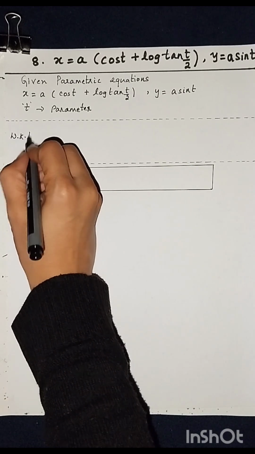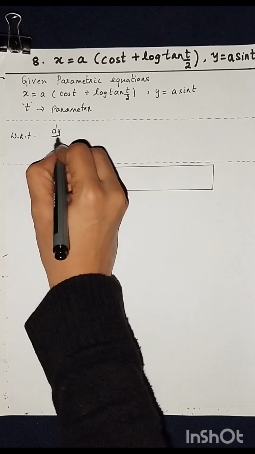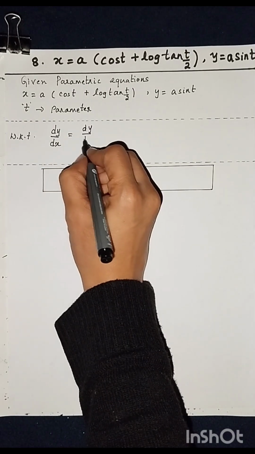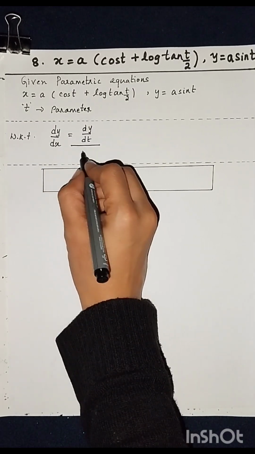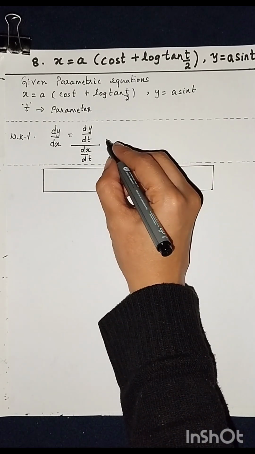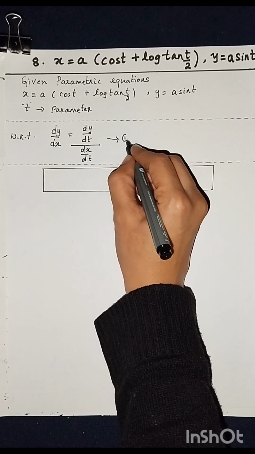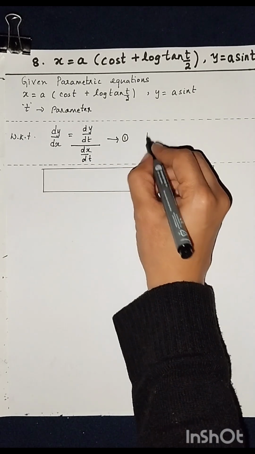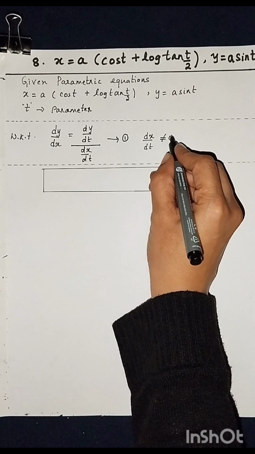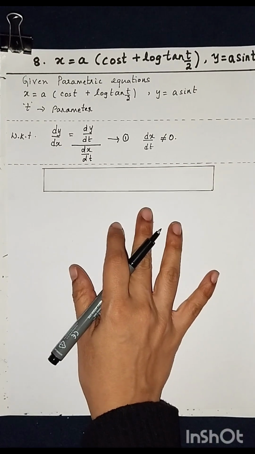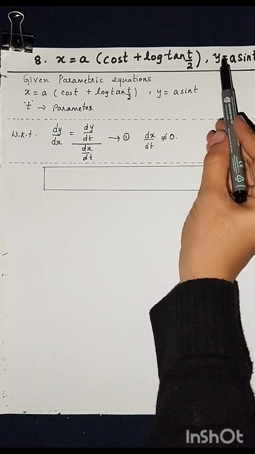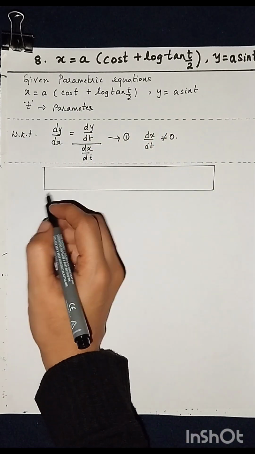So we know that dy by dx is equal to dy by dt divided by dx by dt. Let us label this as 1, and we know the condition dx by dt is not equal to 0. So now we want dy by dt and dx by dt, which we get by differentiating the parametric equations.